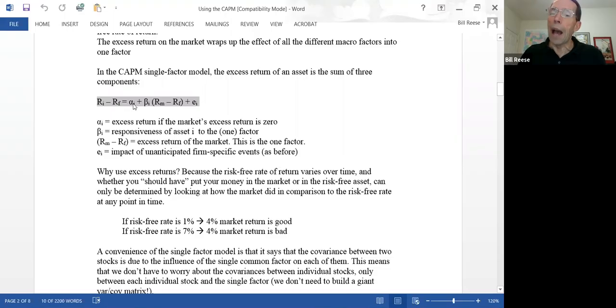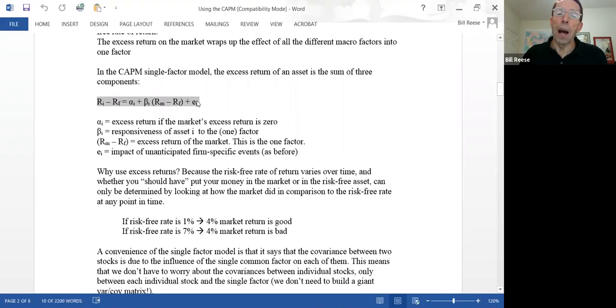That's going to be equal to alpha. Alpha is going to be our Y-intercept on our regression, plus the beta. That's the sensitivity of our stock to the factor, and the factor is going to be the excess return on the market. The beta is also going to be the slope of the regression line, plus E sub I.